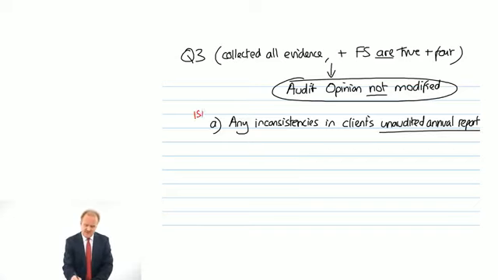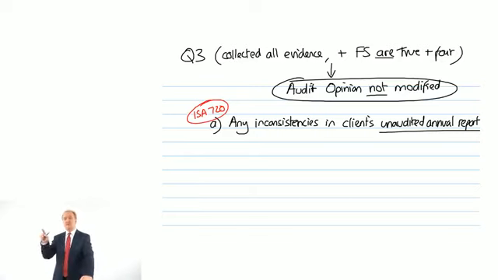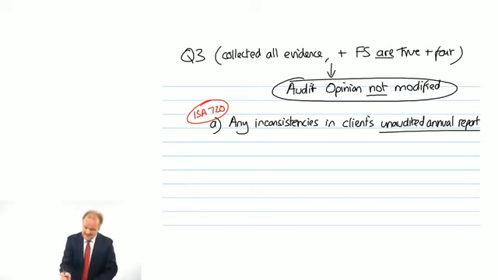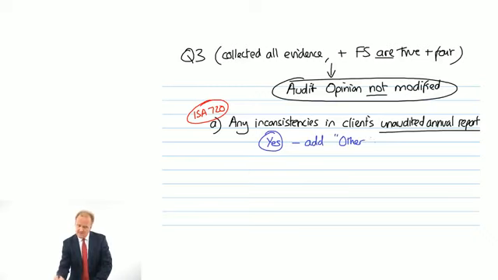I'm going to remind you here of ISA 720, which was the audit standard looking at this, because we've read the annual report, haven't we? And if there are any inconsistencies in the client's annual report, if that is a yes, then we know that we have to add an other matter paragraph under the audit opinion.